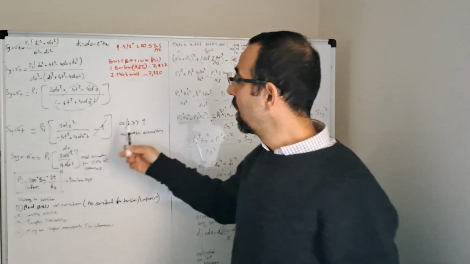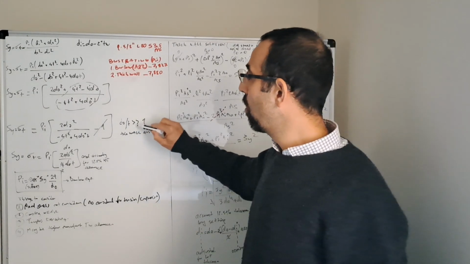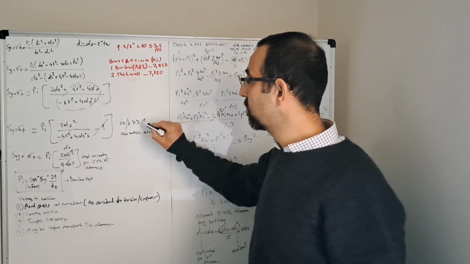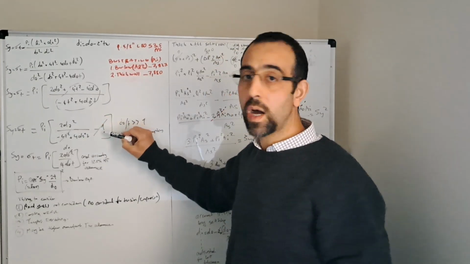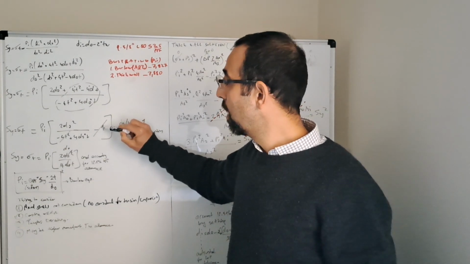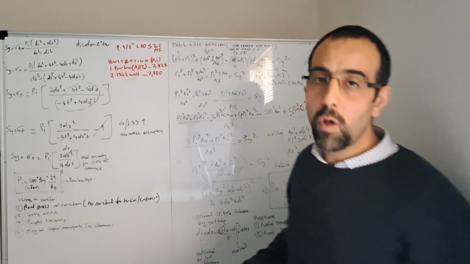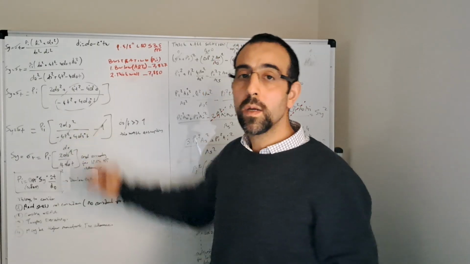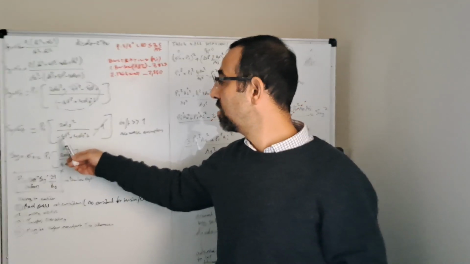Because this is a thin wall solution, it's known as a thin wall solution: outer diameter over wall thickness, D_O over t, is greater than 1. So I know that this part is much higher than the 1. Therefore, I could easily cancel this minus 1. And also I know that because it's a thin wall solution, wall thickness is relatively small. I would also say that this 4t square can be negligible and considered as 0.